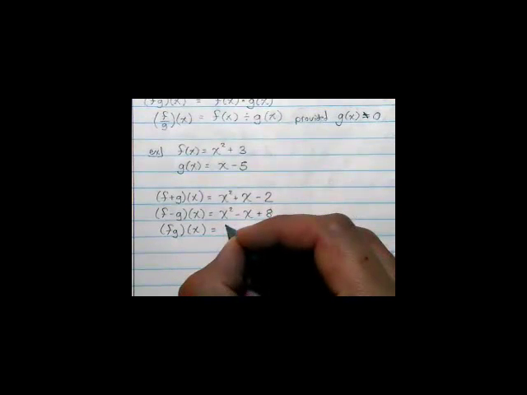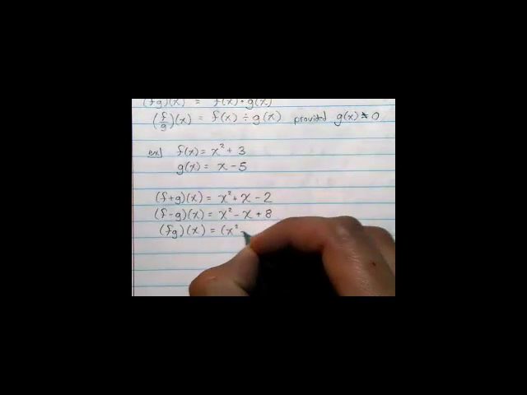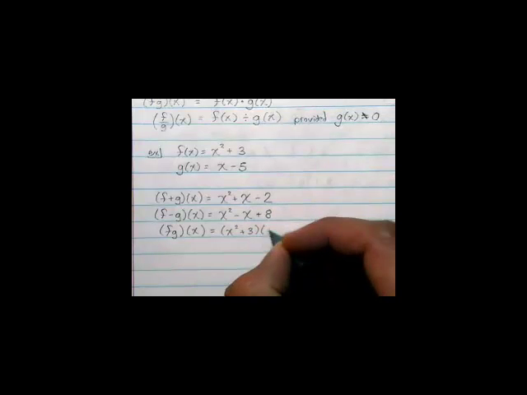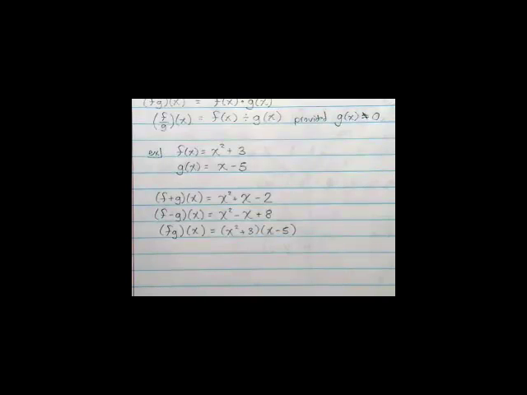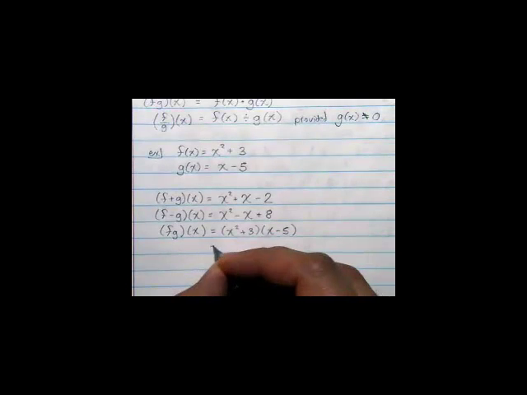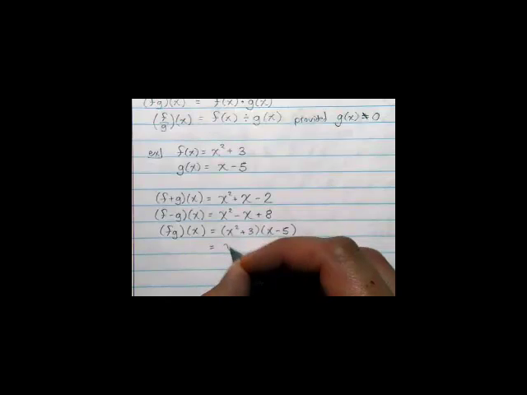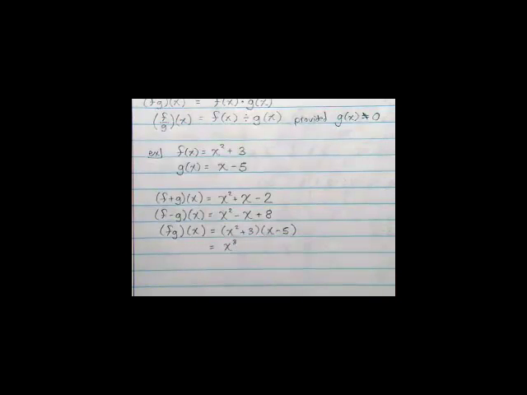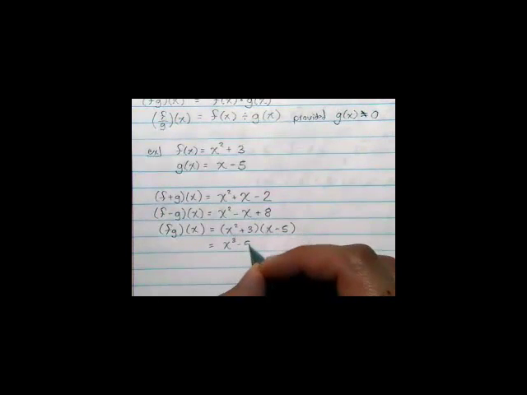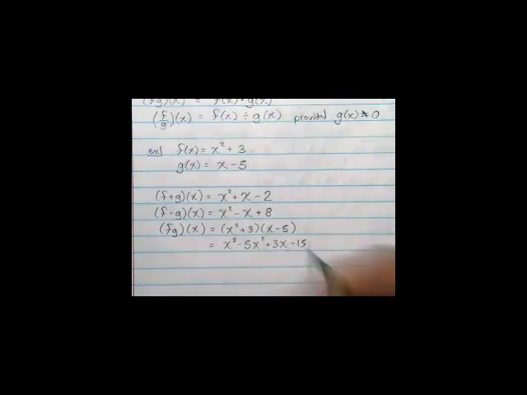But for this one, if you wanted to just leave it x squared plus 3 multiplied by x minus 5, that's okay. Technically, if it were all multiplied together, let's see if I can do all the math in my head here: x to the third minus 5x squared plus 3x minus 15 is what you'd have.